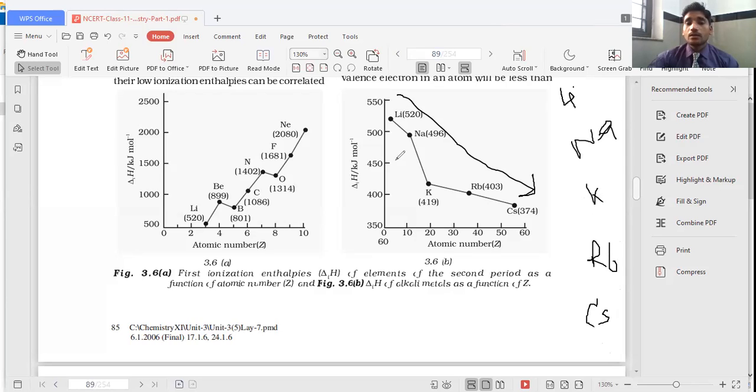Now, lithium, electronic configuration outermost 2s1, sodium 3s1, potassium 4s1, rubidium 5s1, and cesium 6s1.